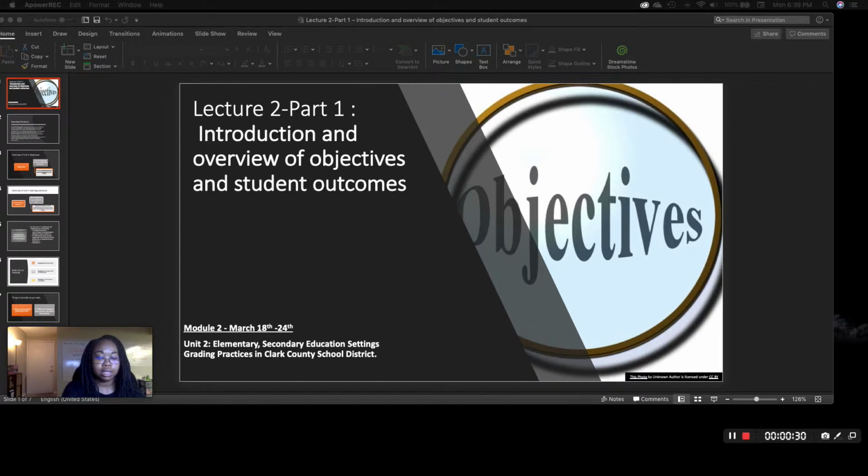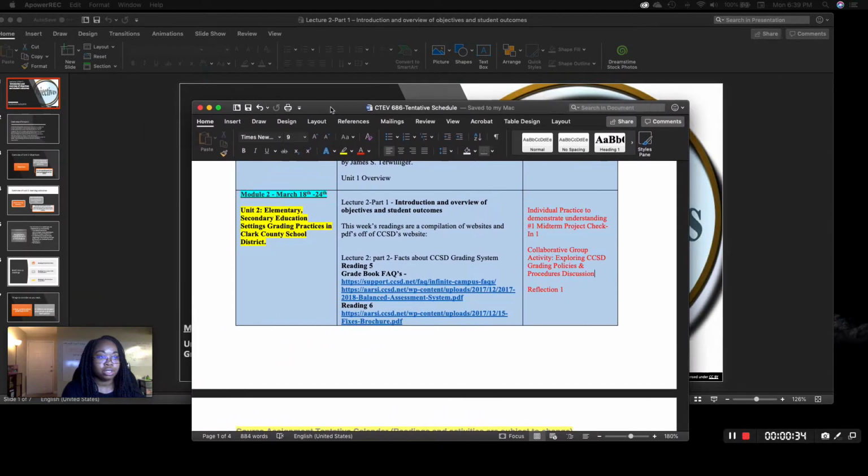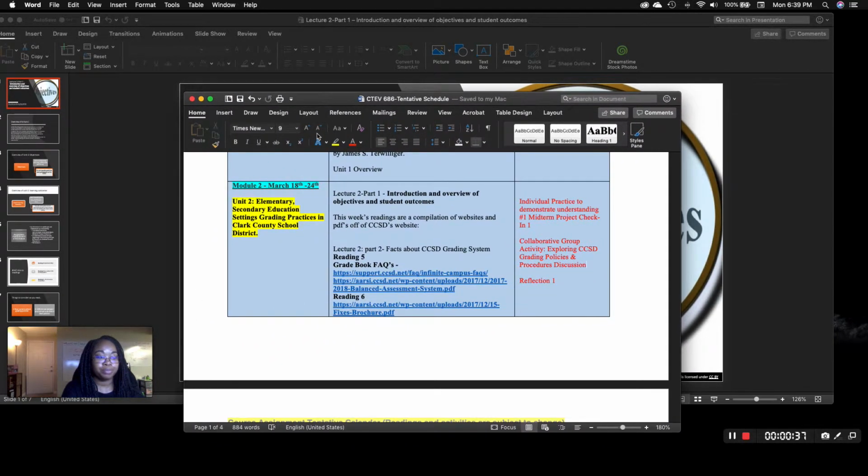But before we get started, I wanted to briefly go over the changes for this week's content, activities and things that you have to do. For one, you'll see that readings 5 and 6 are mixed in between, and they really aren't readings.